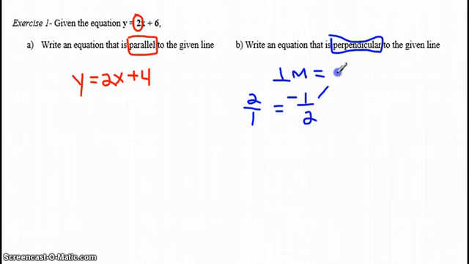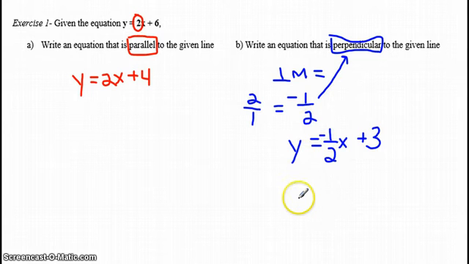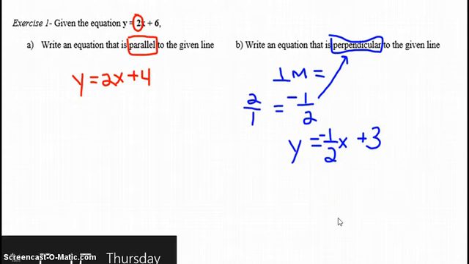So my slope for a perpendicular line is negative 1/2. So an equation that is perpendicular to my original would be y equals negative 1/2 x, and any y-intercept that we want, I'll just put 3. Negative 1/2 x plus 3. Again, your y-intercept could be any number that you want.